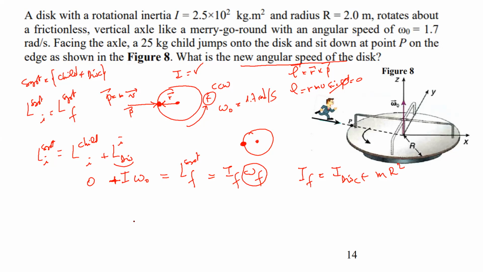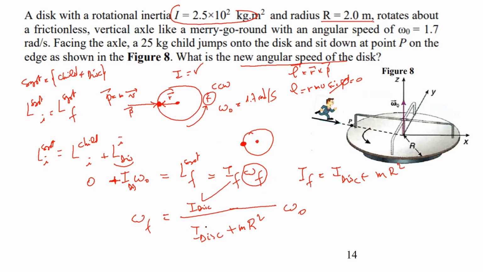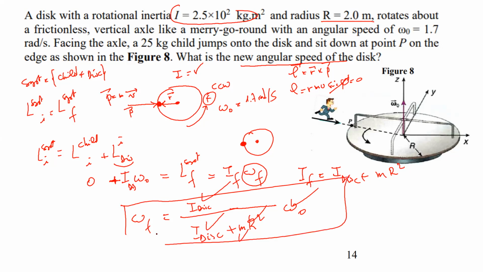So omega final is I disk divided by I disk plus m, the mass of the child, 25 kilograms, r squared, with r being the radius, 2 meters, multiplied by omega naught. I know I disk, the mass of the child, r squared, and omega naught, so I get my final answer easily by conservation of angular momentum. This is how powerful angular momentum is.